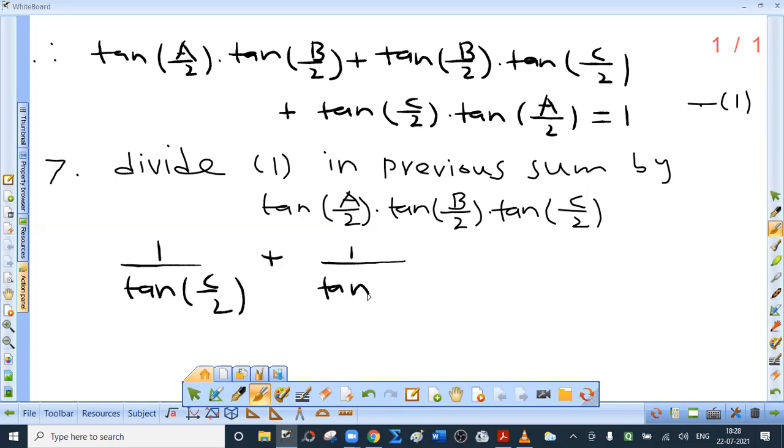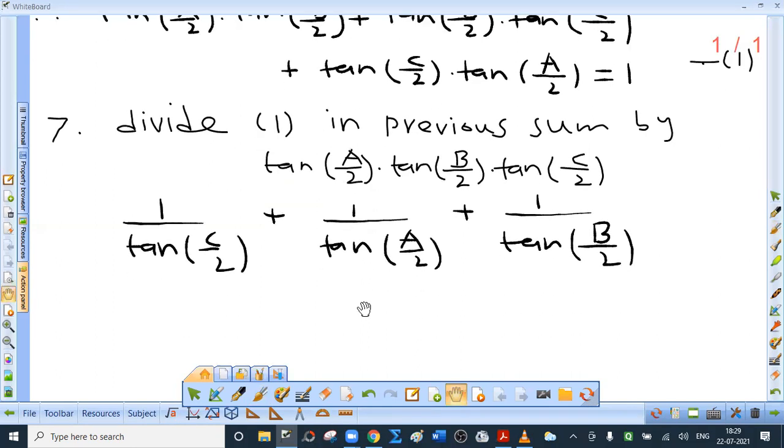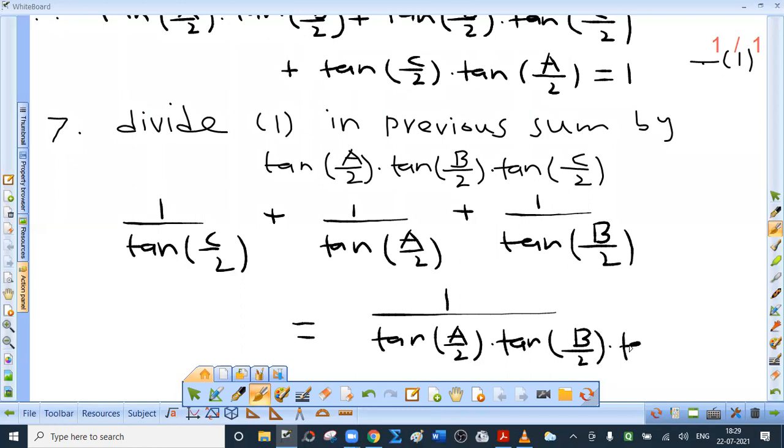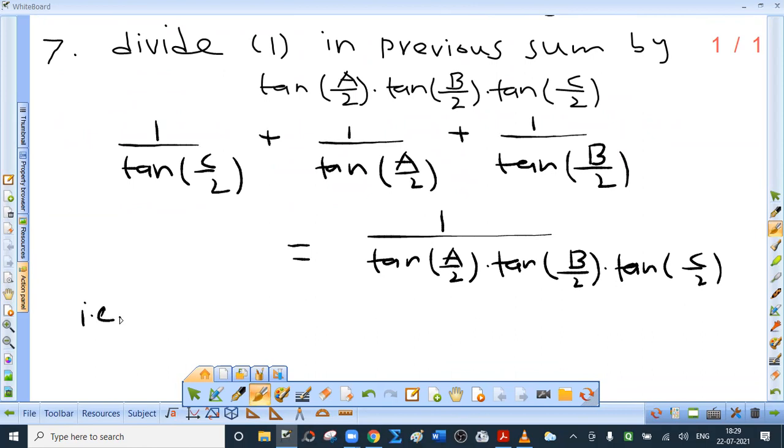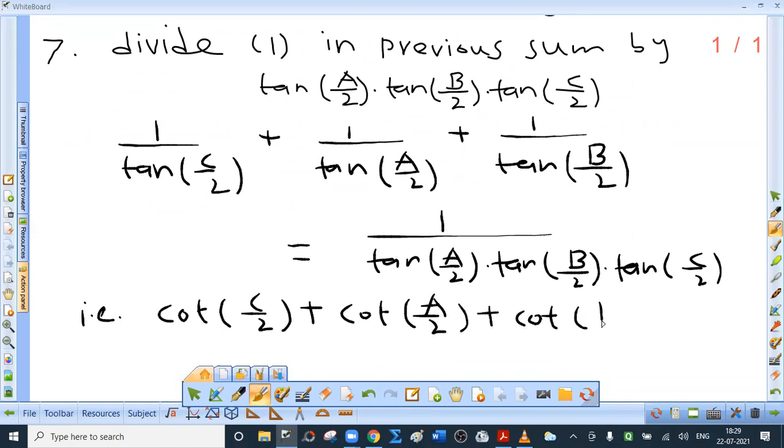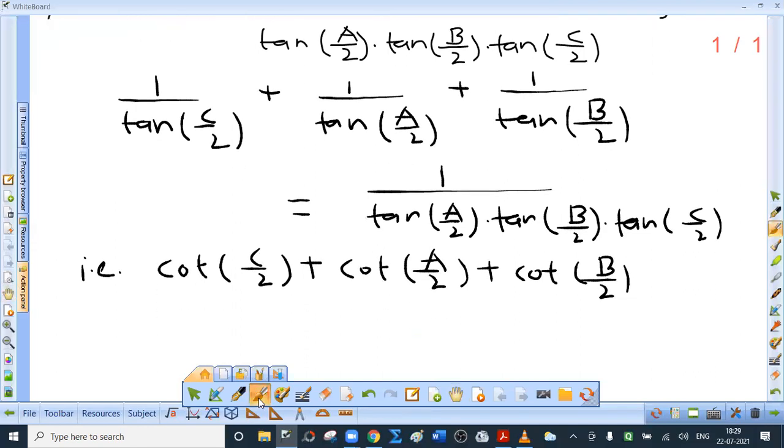Plus 1 upon tan A by 2. 1 upon tan is cot. So cot C by 2. Cot A by 2. Cot B by 2.